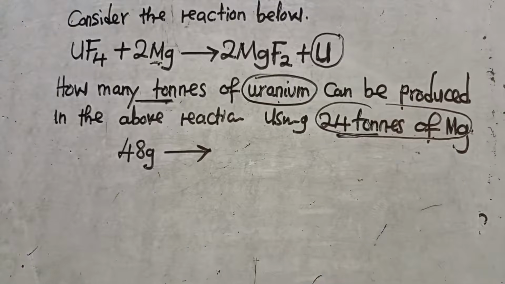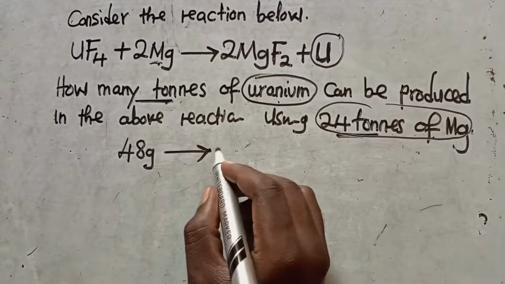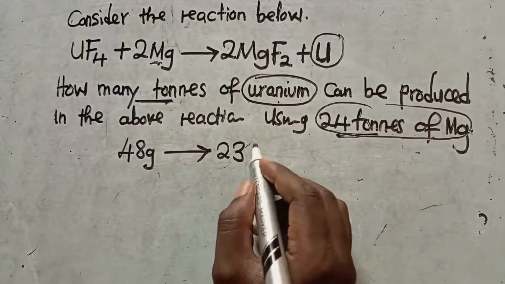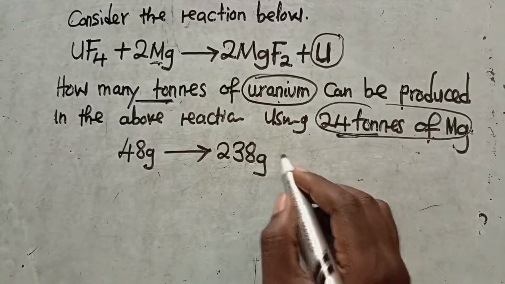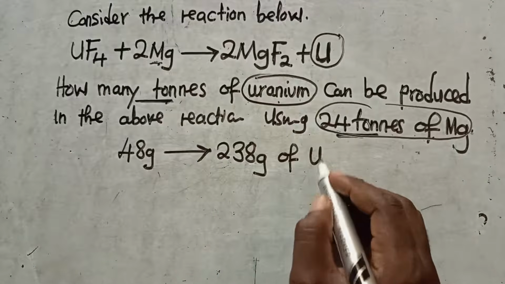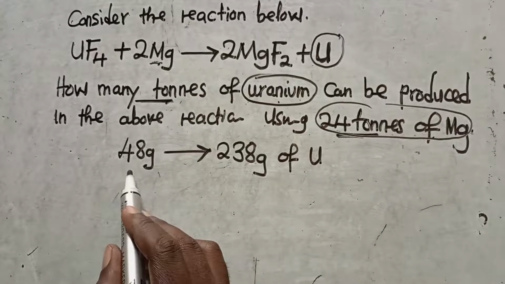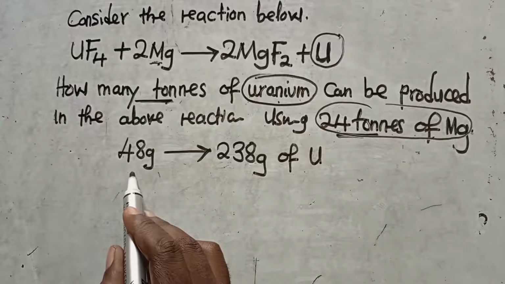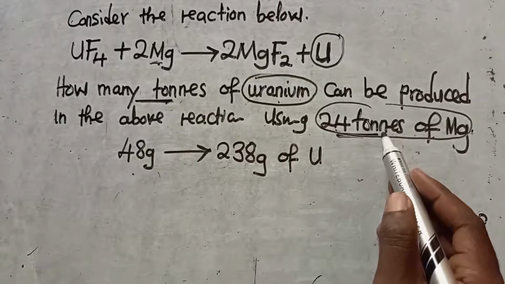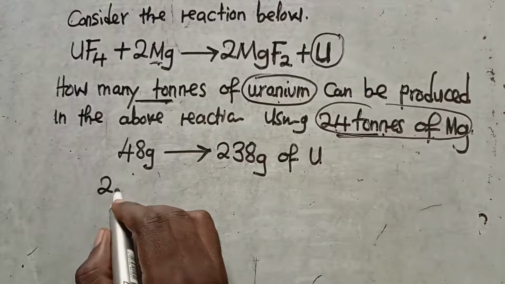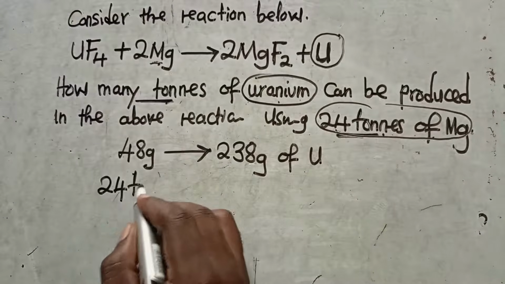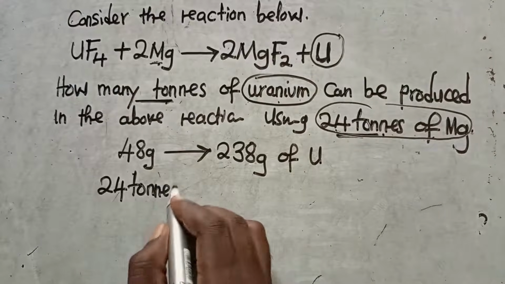What is the mass number on the periodic table for uranium? That is 238 grams of uranium. Then for magnesium, I'm given 24 tons. So I put my 24 there. 24 tons. There is no need of converting.